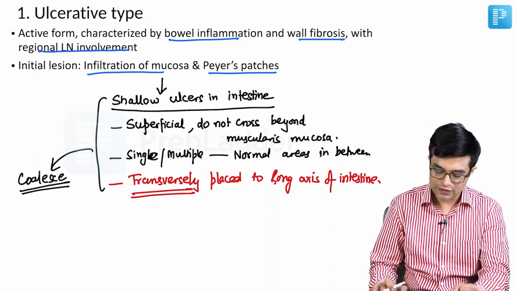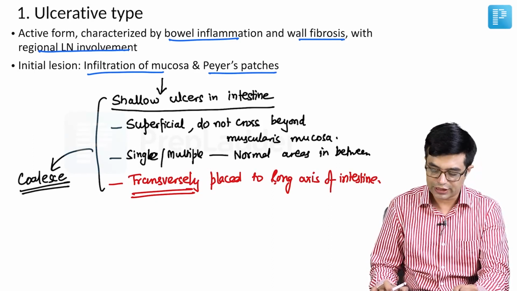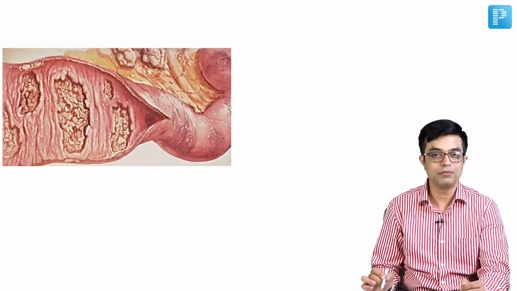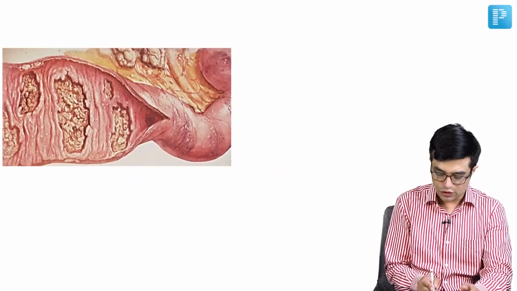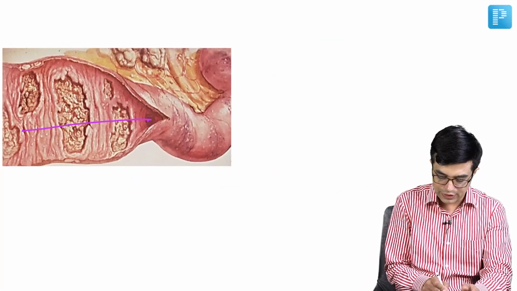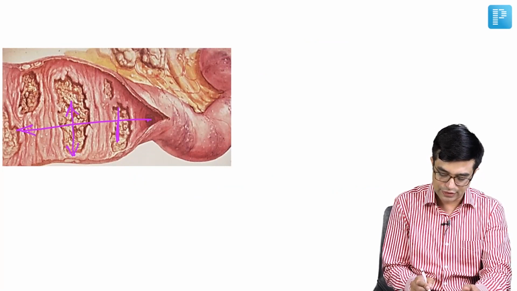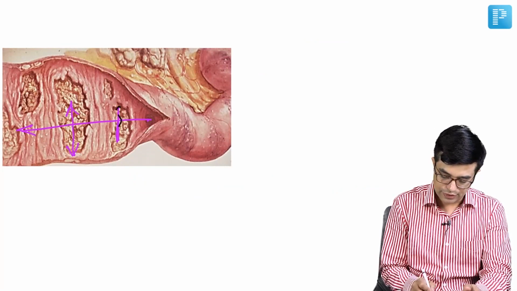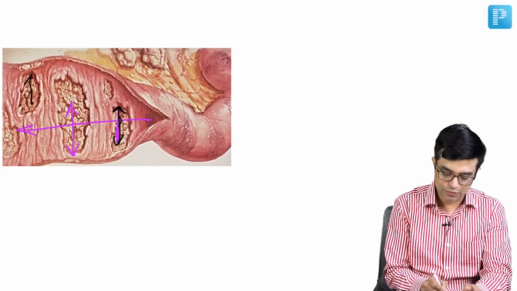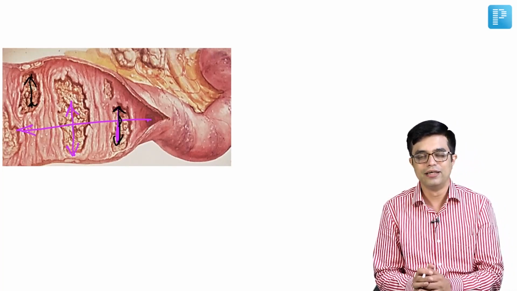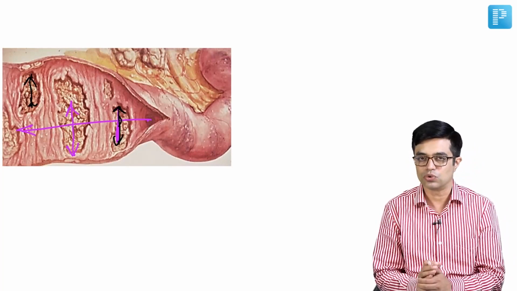So, the transverse placement, you can get a question based upon this. This is the typical location of how these ulcers are transversely placed. If this is the normal long axis of the gut, they are transversely placed along this. So, these are the ulcers. This is the typical morphology of ulcers seen in patients of ulcerative tuberculosis.